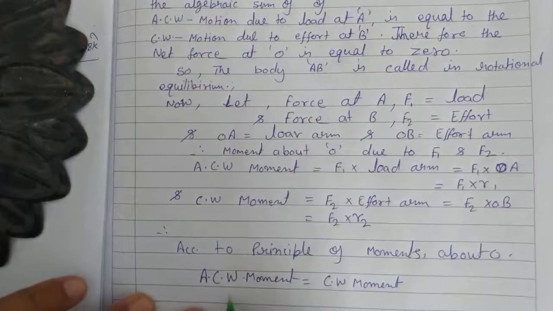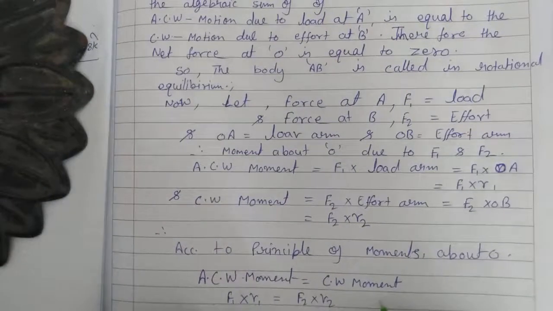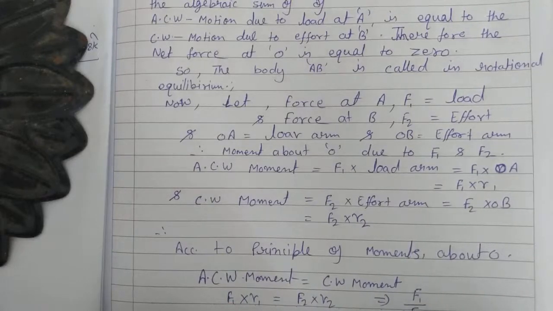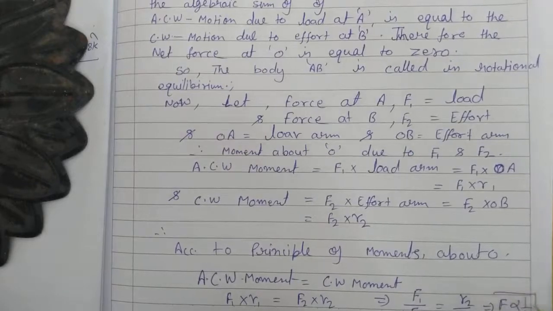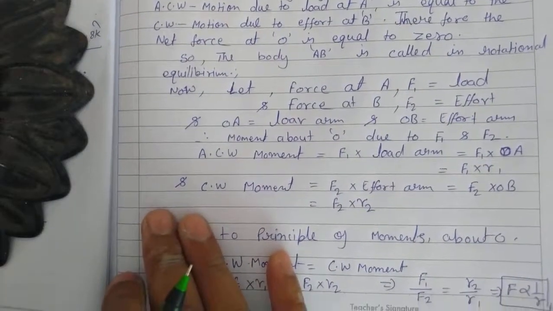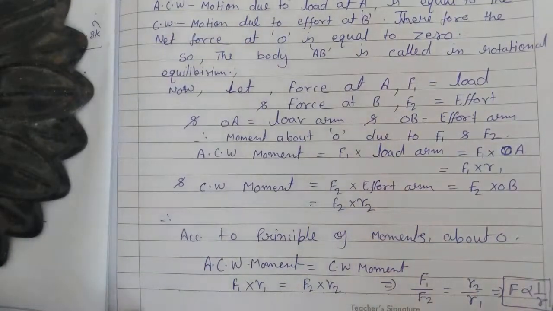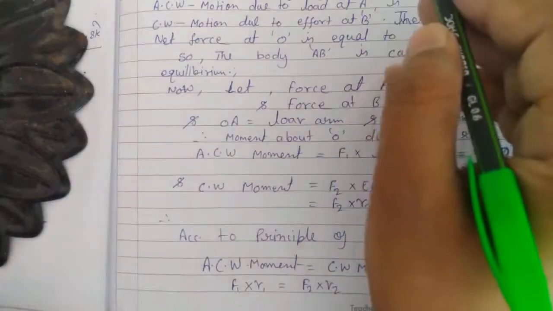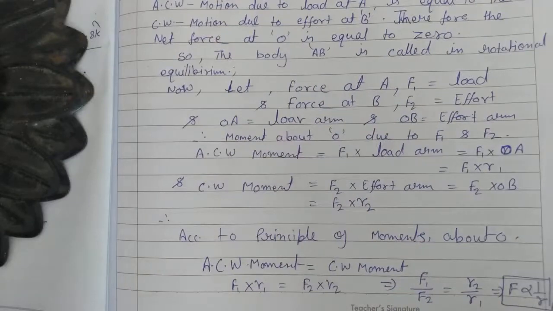That is F1 into R1 equals F2 into R2. From here we calculate that F1 upon F2 equals R2 upon R1, that is force is inversely proportional to R, which means the larger force is near to the center of mass point. Okay, this is the principle of moments.